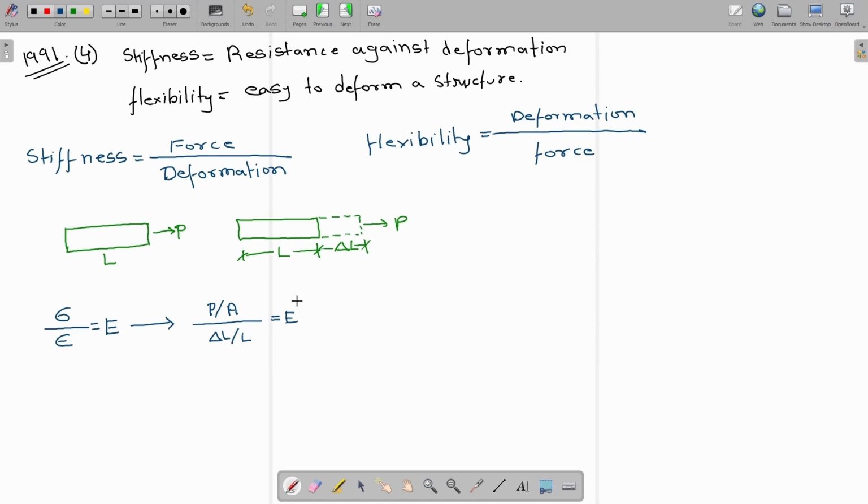Therefore, the change in length can be represented as delta L is equal to PL upon AE. Okay.